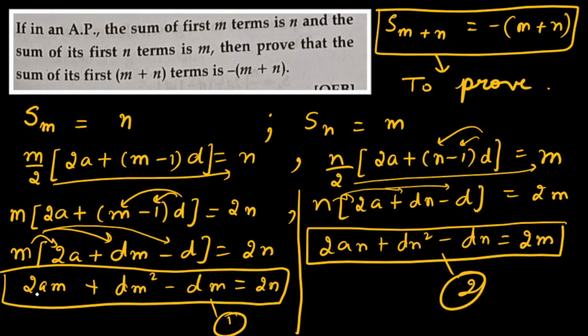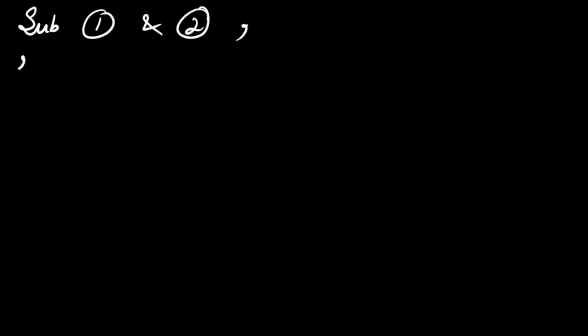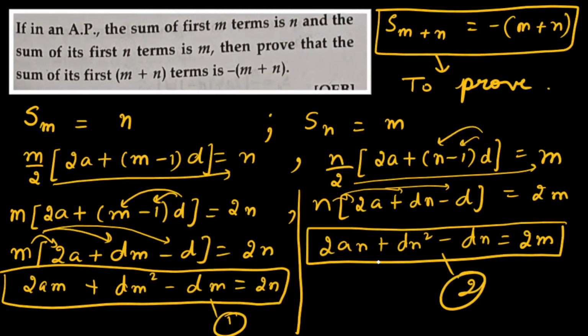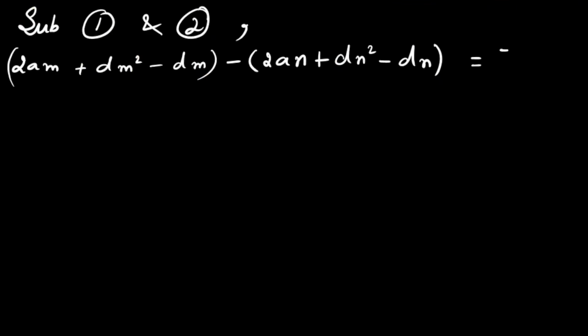So what I'll get is 2am plus dm square minus dm, minus 2an plus dn square minus dn. So left side subtraction I have done with left side. The other side, right side: 2m minus 2n.